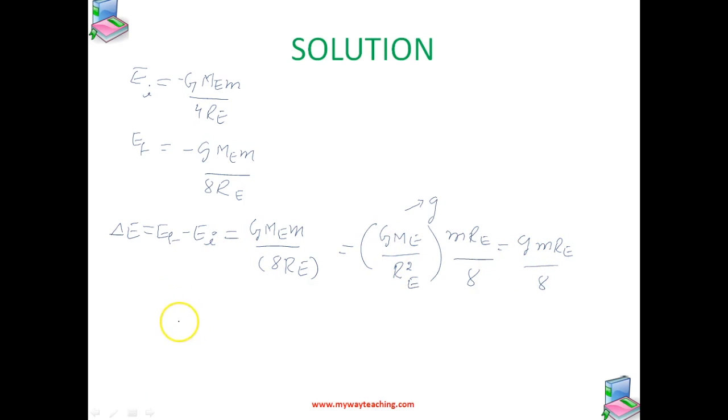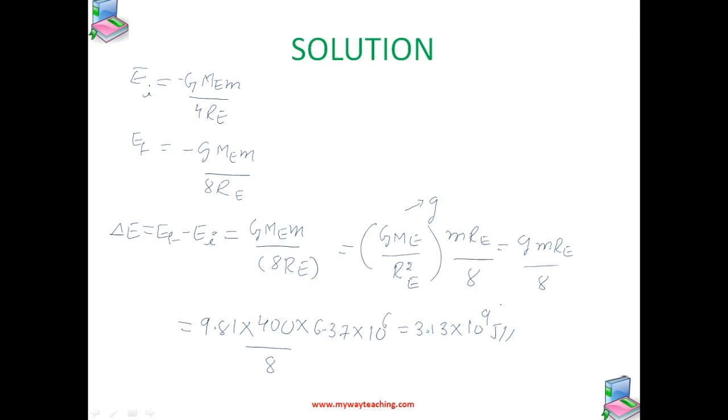So substituting the values, 9.81 m is given by 400 kg, RE, that is radius of the earth, 6.37 into 10 raised to 6 divided by 8, that is equal to 3.13 into 10 raised to 9 joules.